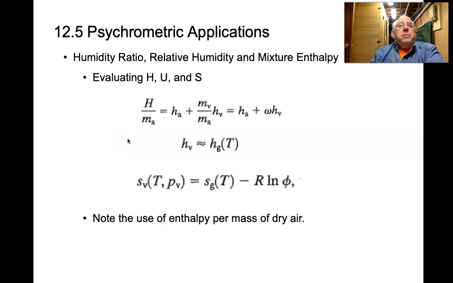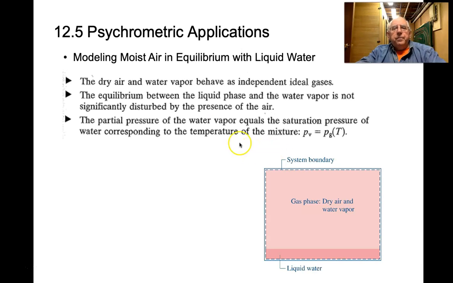Usually a mixture's enthalpy is on a per mass of the total mixture, but we've decided to only reference it with respect to the dry air component. The reason that we do that is because the dry air component in most of our psychrometric applications stays constant. And we'll see that in a second.